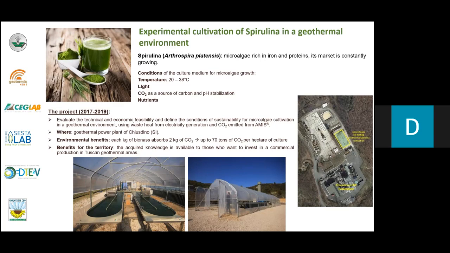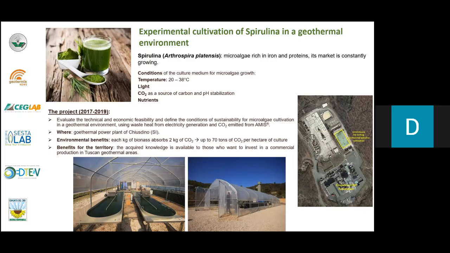The spirulina is a microalgae that is originally from tropical places, and it needs a temperature between 20 and 38 degrees to grow.